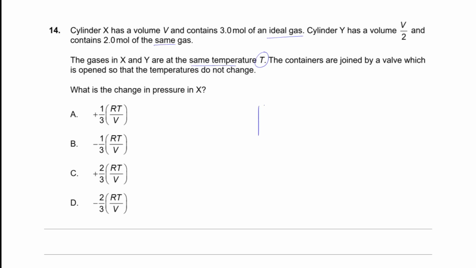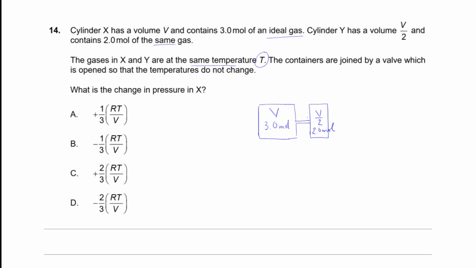We initially have 2 containers, one container of volume V, with the number of moles initially 3 moles, and another cylinder with half the volume of that, which has 2 moles. There's a valve, and we neglect the volume of the valve.